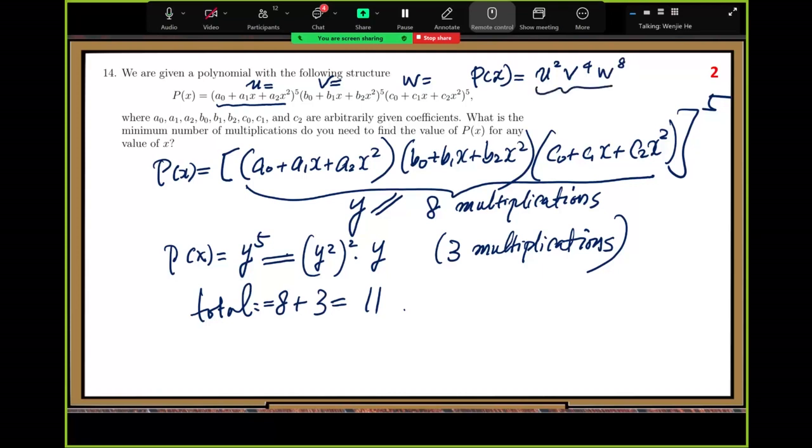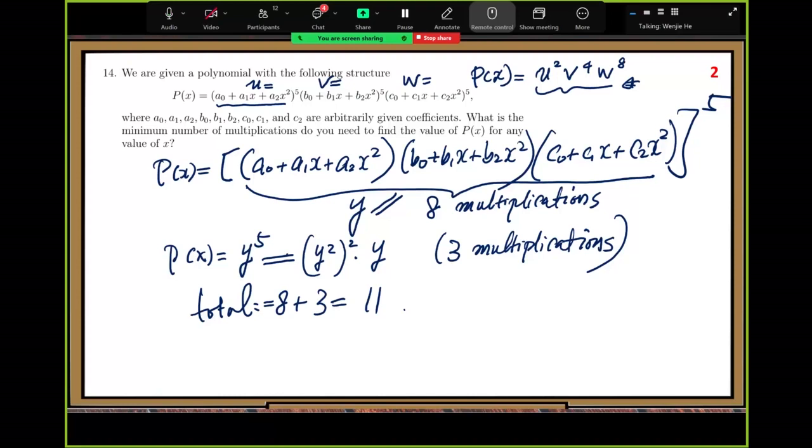If I ask you to calculate the minimum number of multiplications for this structure, how do you do it? U, V, W have different exponent numbers, but here I give you 2, 4, 8, some special exponent numbers.